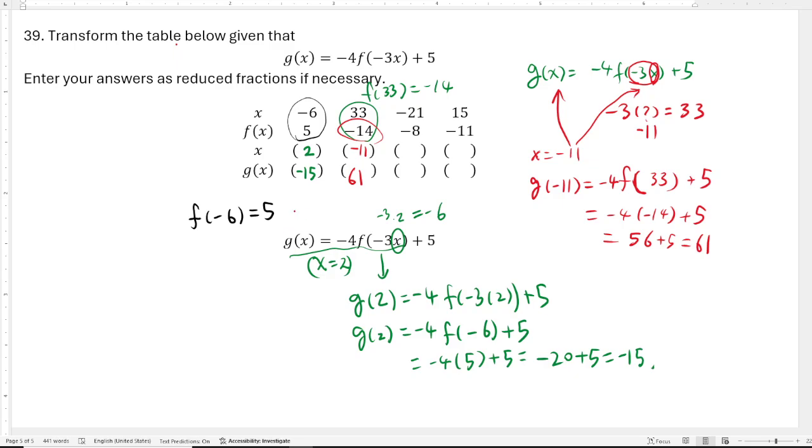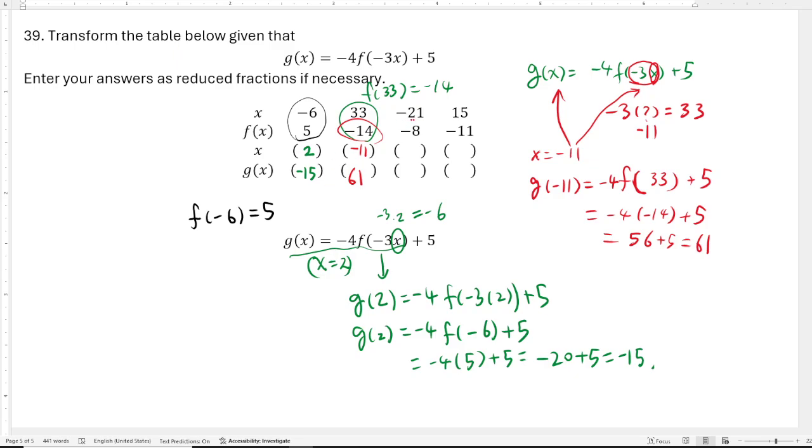Okay. Now at some point you see some kind of a pattern. How did we get 2 from negative 6? Well, we're setting this equal to negative 6, right? So if you see that kind of a pattern, then we can do the other questions in a similar fashion.